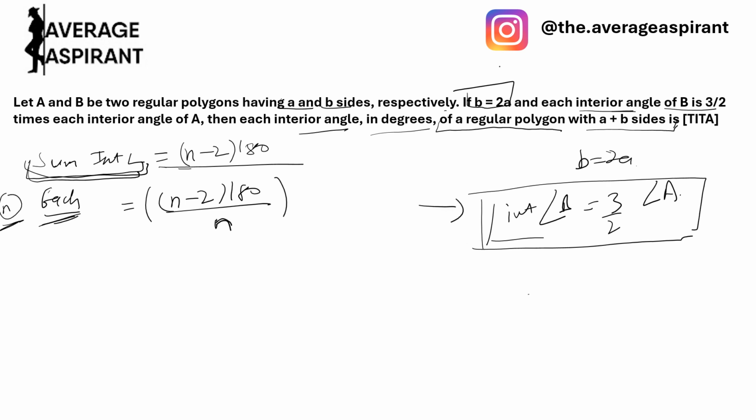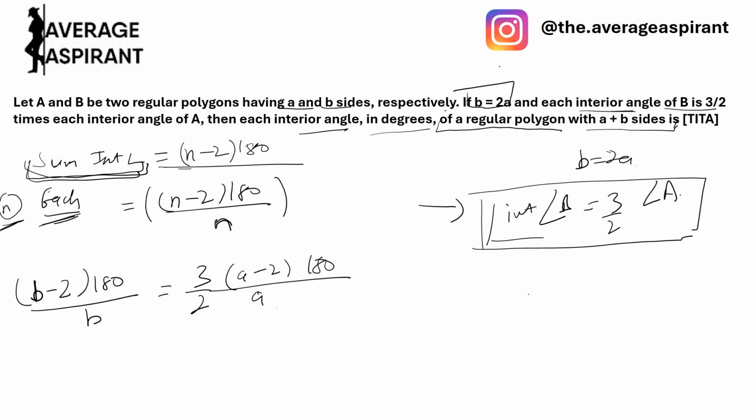So for interior angle of B, we have B minus 2 into 180 by B is equal to 3 by 2 into A minus 2 into 180 by A. We have also been given that B is equal to 2A.